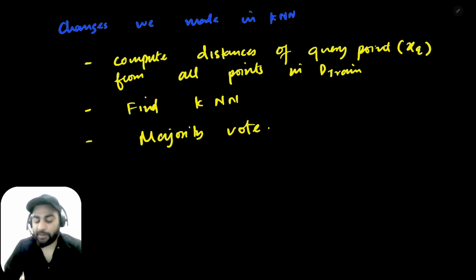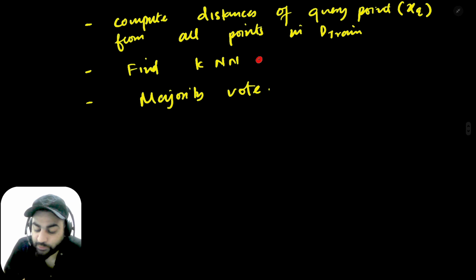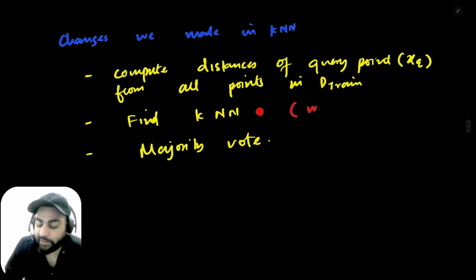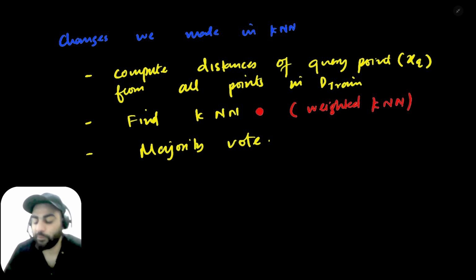In the first step, when I told you that to find the k nearest neighbors you will use Euclidean distance, we had a problem with that because you wanted to assign weights. This is the step we changed in weighted KNN, where we assigned the weights. We found different ways to compute this.